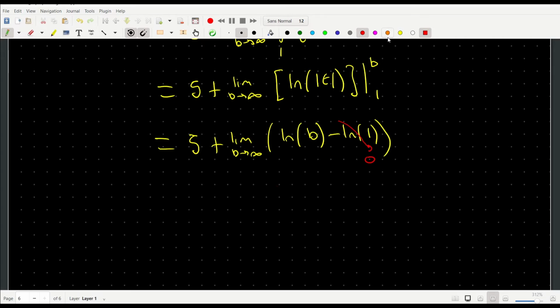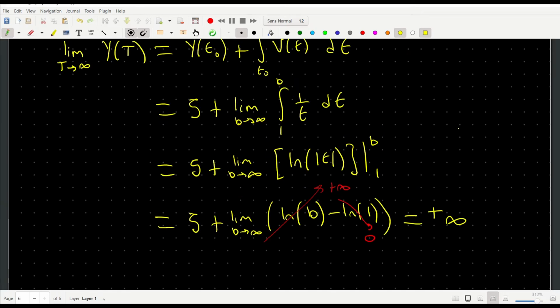But recall the natural logarithm function, the limit of this as b goes to infinity is actually positive infinity. So this limit is going to positive infinity as b goes to infinity. And that means that this value is positive infinity, and we have a divergence of our y.